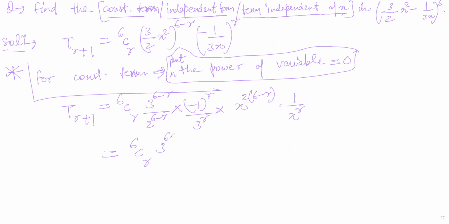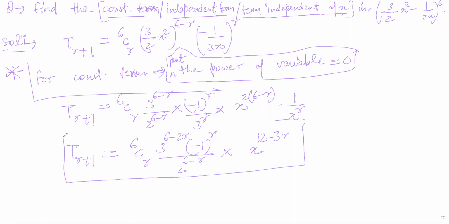So 3 to the power 6 minus 2r into minus 1 to the power r divided by 2 to the power 6 minus r, into the power of x, which will become 12 minus 2r, and this will become x to the power minus r, which will combine with this. So this will become x to the power 12 minus 3r. This is basically your general term for the above expression.